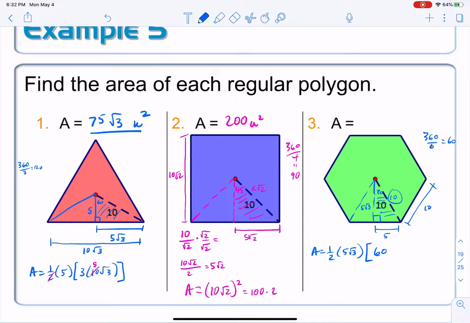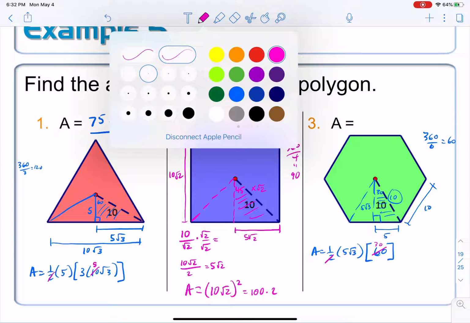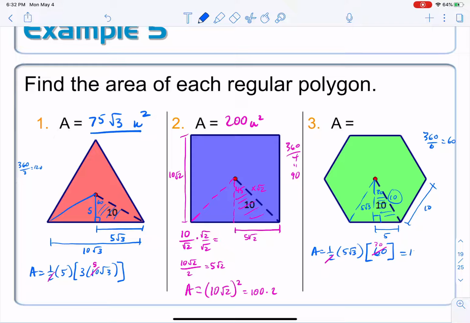Then maybe simplifying this, I can take half of the 60 and get 30. 30 times the 5 is 150. So I got 150 square root of 3 units squared.